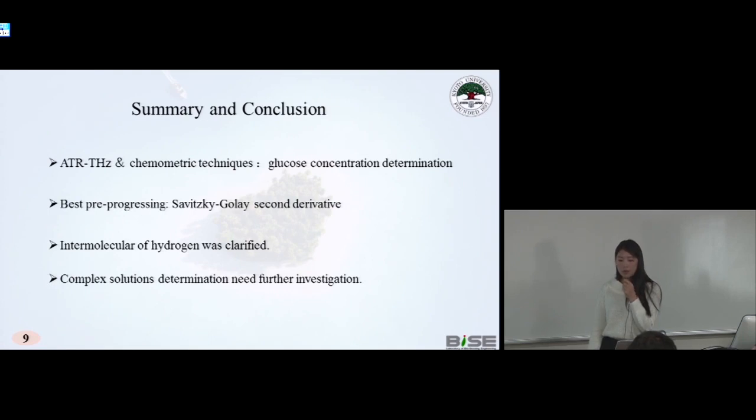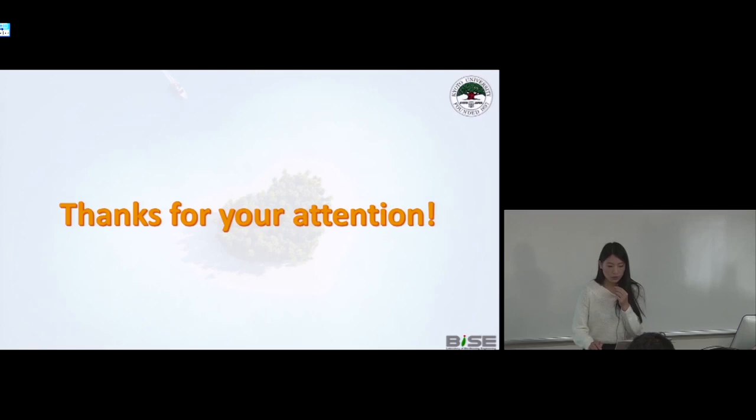And also the intermolecular hydrogen bonding was quantified in glucose concentration. Also, further investigations are necessary for determination in complex solutions. That's all. Thanks for your attention.